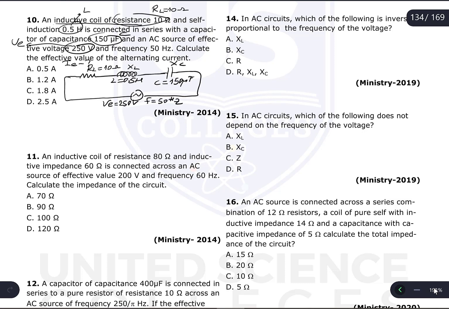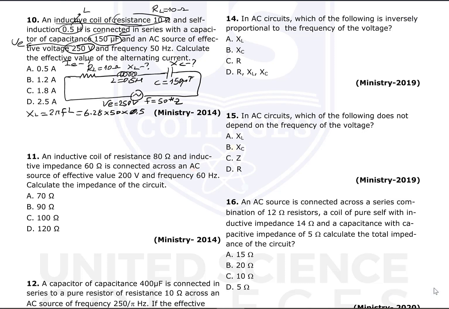So first we should calculate what is XL, what is XC, then Z. After that, calculating the effective value will not be hard. You know, XL is omega times L, or 2 pi FL. So 2 pi is 6.28, F is given as 50, L is 0.5.